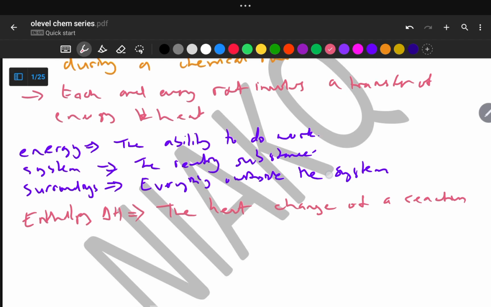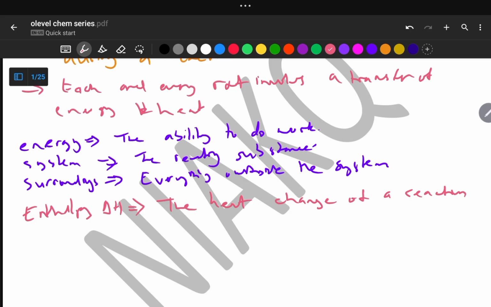And then we go on to define the terms exothermic and endothermic. So a reaction can be either an exothermic reaction or an endothermic reaction.